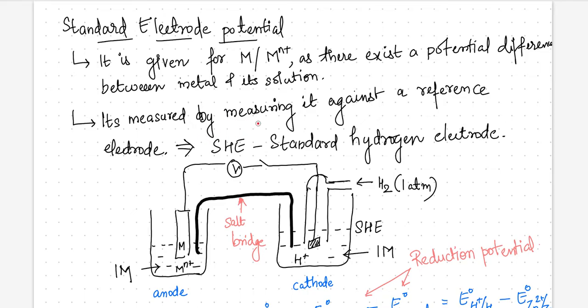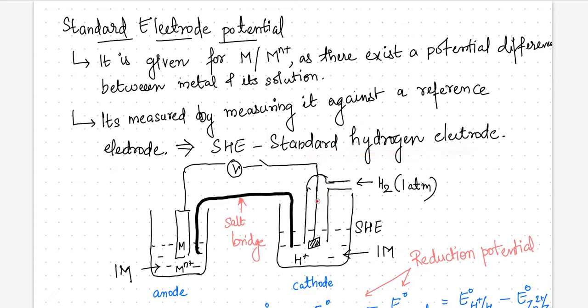In order to measure that, we connect this system of metal and its corresponding solution to another system, which is our reference electrode. There are many kinds of reference electrode which you will be learning in your physical chemistry. One of the reference electrodes that we use is the standard hydrogen electrode.